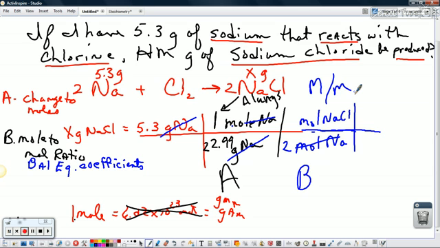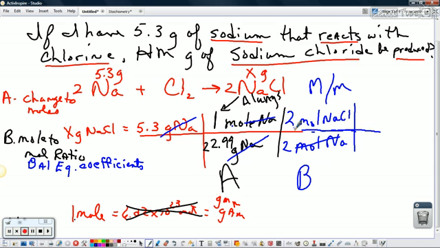How many moles of NaCl? 2. Remember I said this represented a number of moles of molecules. Moles. Okay? Now, to get this, I use the subscript in the space. To get this, I use the coefficients in the spaces.